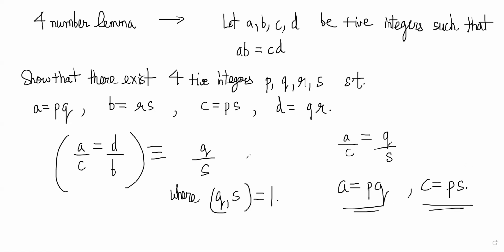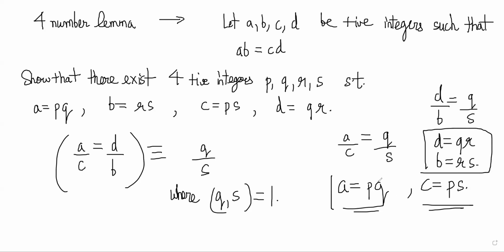Similarly, D over B is equal to Q over S, so D can be QR and B can be RS. So we are getting that A must be PQ, C must be PS, B must be RS and D must be QR, right?